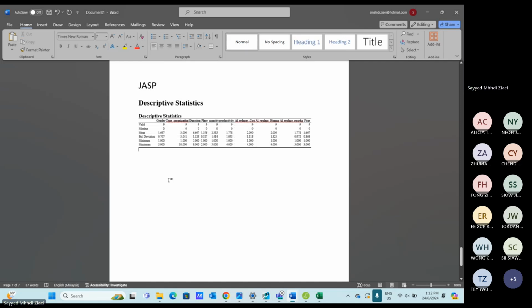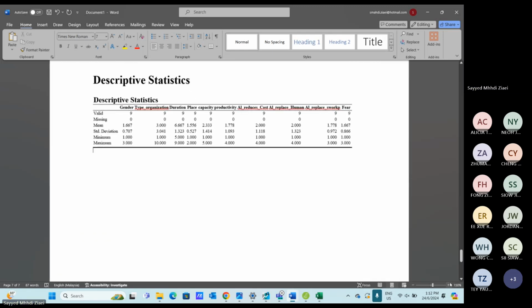Valid, mean. Descriptive statistic. Don't forget, you should have descriptive statistic. The first important table that you need to put, you need to find, is the descriptive statistic.